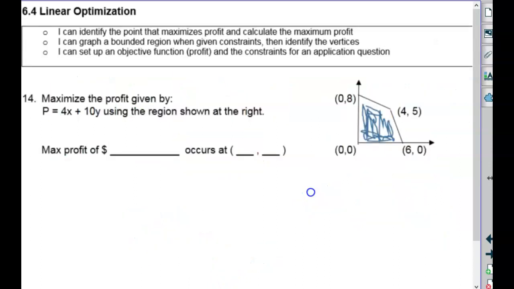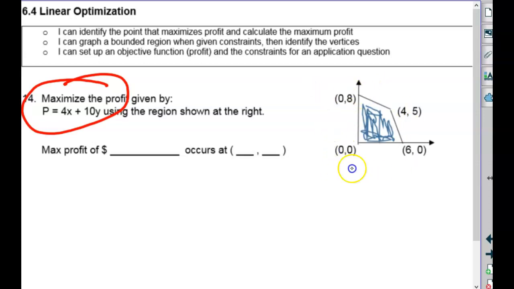Okay, yes, badly drawn picture. But this is how it is on the quiz, not the badly drawn picture, though it probably is badly drawn. But I broke the 3 steps to optimization down so that you can do parts and not get double whammied, okay? So this one, here's the profit, and here's all the corner points.